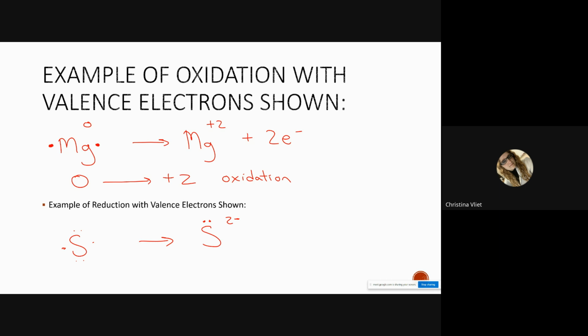It had 6. A 2 minus charge means what? It gains 2. So it actually has 8 electrons, right? It gained electrons. Its charge goes from 0 to -2. We call this a reduction.